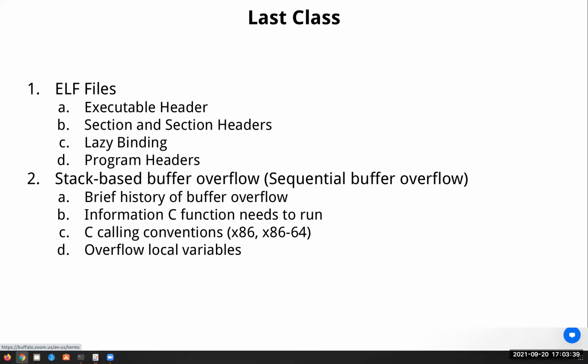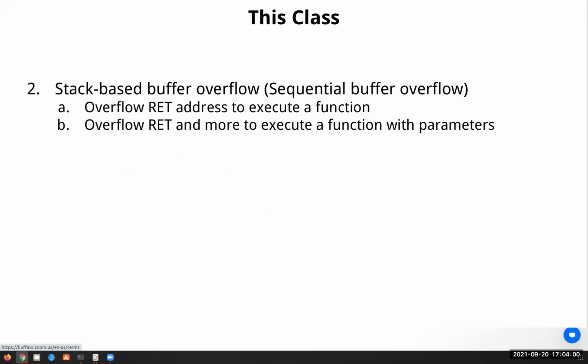We briefly talked about the history of buffer overflow. We worked on how C functions work, the calling conventions of C. In the homework, that's the fastcall. And we also talked about how to overflow local variables.